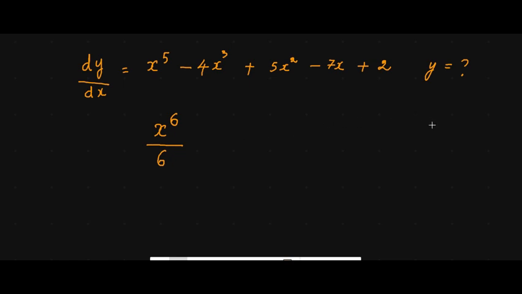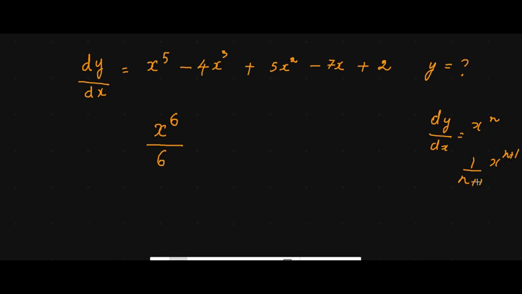I'm just going to write this down here: if dy by dx is x to the power of n, then y is equal to 1 by n plus 1 times x to the power of n plus 1, right?